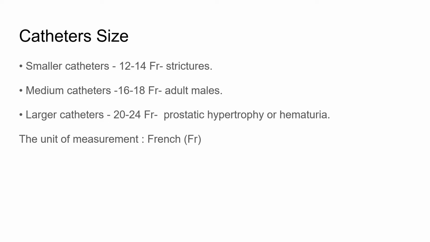Medium catheters, that is 16 to 18 French, are typically used in adult males. Larger catheters 20 to 24 French may be used in patients with prostatic hypertrophy or hematuria. So these are the different sizes of the catheters depending upon the French unit.